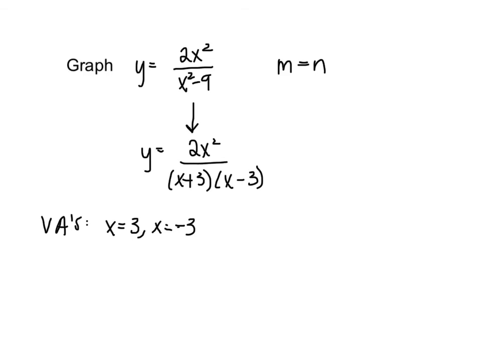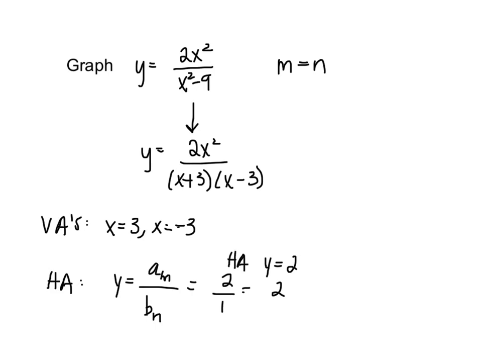Now because m equals n, we know that for our horizontal asymptote, y equals a sub m divided by b sub n. Therefore, we have 2 over 1, which is 2. So y equals 2 for our horizontal asymptote.